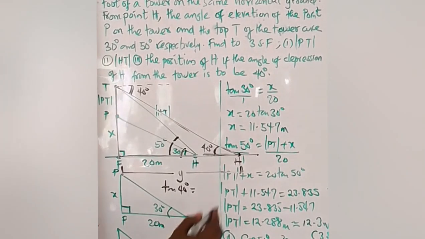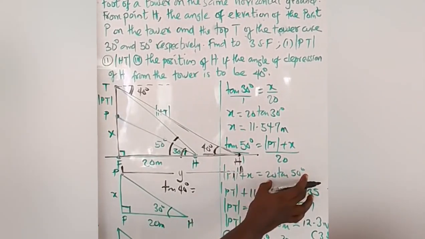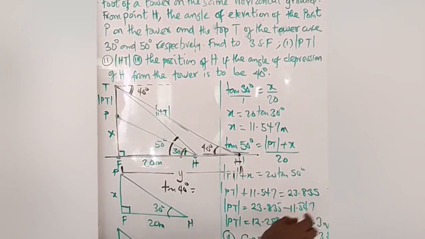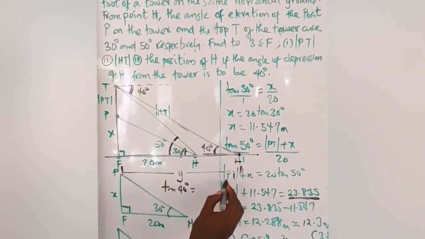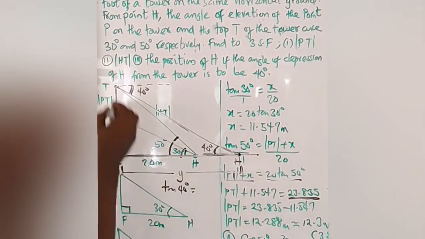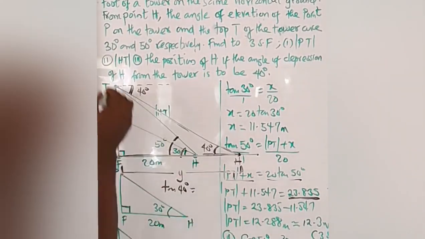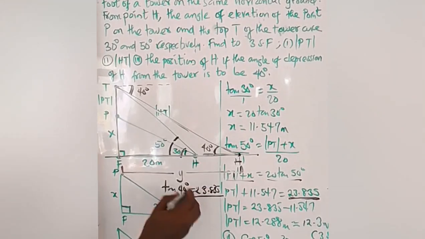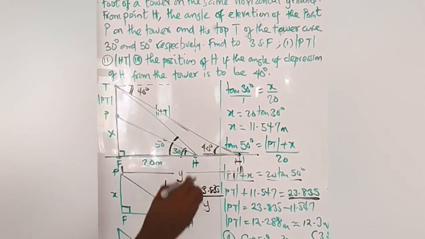PT plus x is what? 20 times tan 50 directly. And what is 20 times tan 50? 23.83. We have it here already. So this answer here actually represents PT plus x. So tan 40 equals 23.835 over the new position y.